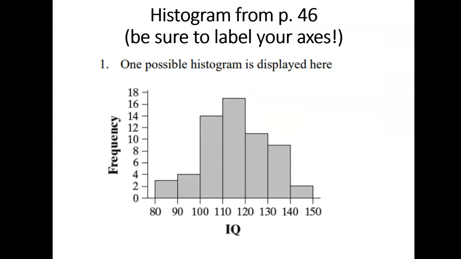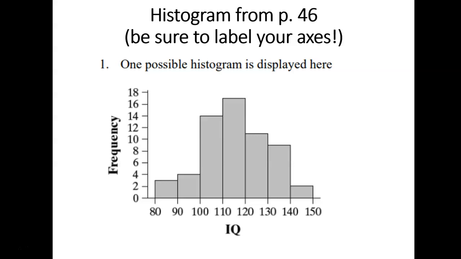So this, again, is stolen right from the book. They made the classes go from 80 up to 90, 90 up to 100, 100 up to 110, and so on, so they're equally spaced. And they did a tally count. They didn't show the frequency table, but they did show the end result here of a histogram. So here's one possible histogram.